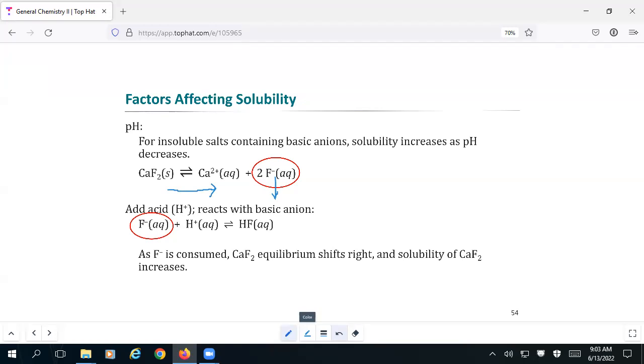Now, you know as well as I do that this equilibrium that we're talking about here is not terribly favorable toward the formation of hydrogen fluoride. It's going to be pretty good, don't get me wrong.